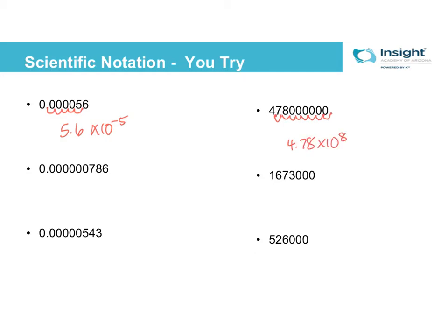Here I've got to go to 7.86. So it's going to be 1, 2, 3, 4, 5, 6, 7. -7 because I'm moving to the right. I'm going to make this 1.673, so it'll be 1, 2, 3, 4, 5, 6.